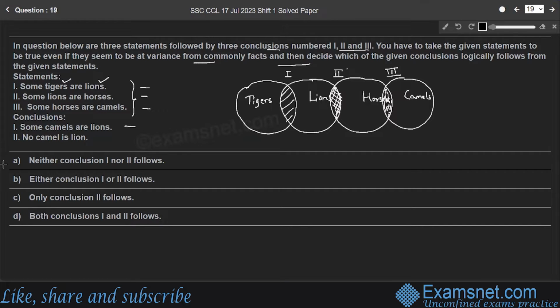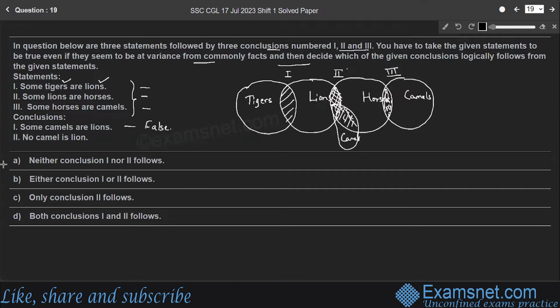Some camels are lions. According to the statements, there is no direct relationship between lions and camels, so it is a false conclusion according to the statements. But it can be possible, since there is a common portion between horses and camels. If I draw the set of camels like this, the third statement is satisfied: some horses are camels.